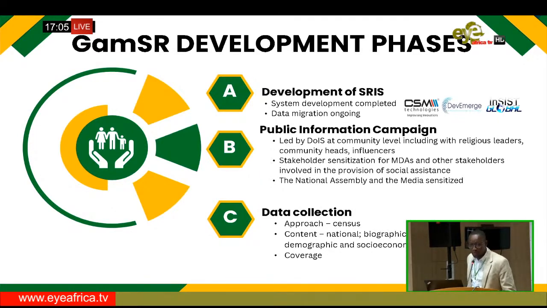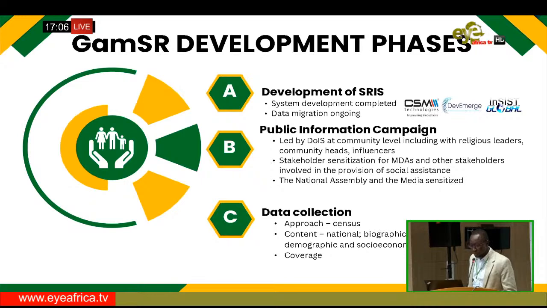And that process, we're happy to report, has been concluded: the development phase, and we are now migrating the data into the system. Although we have a few modules that may need to be revised, the development phase generally has been completed, and this was led by a consortium of IT firms, both in the Gambia and abroad.